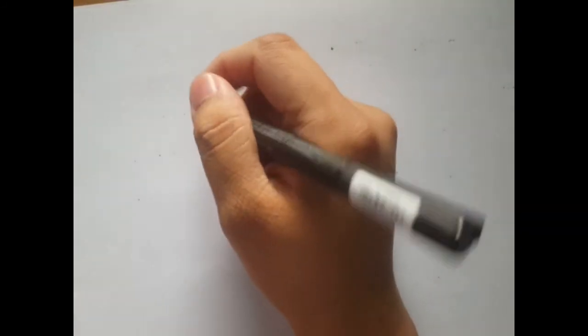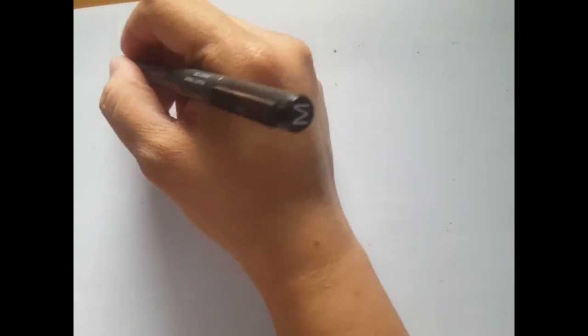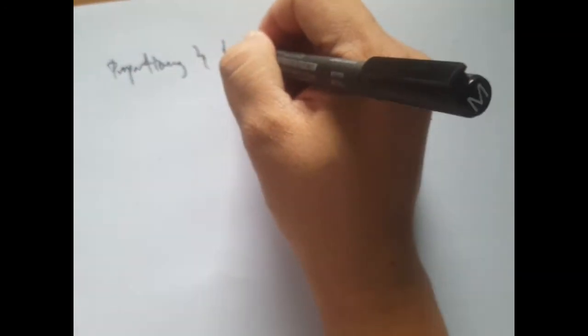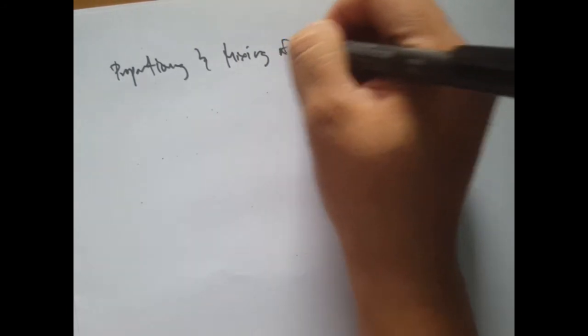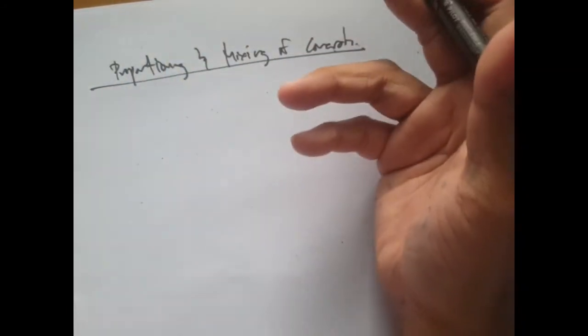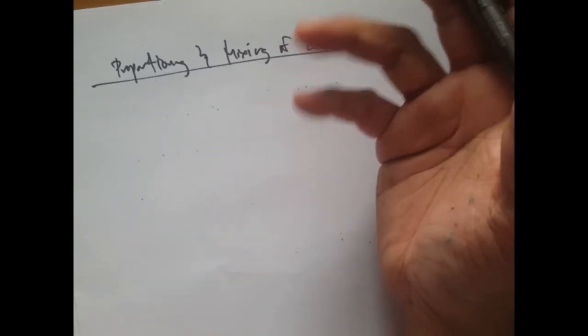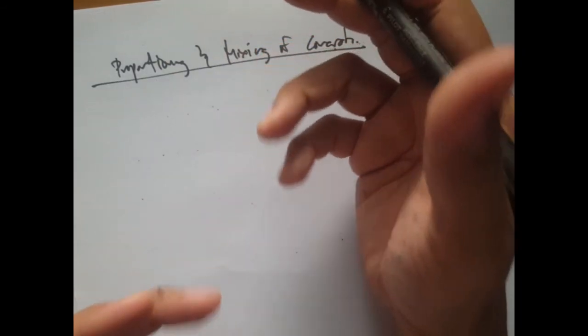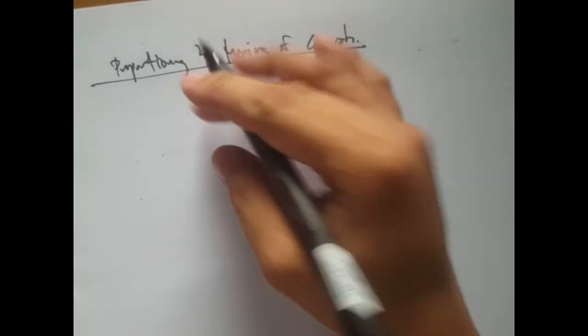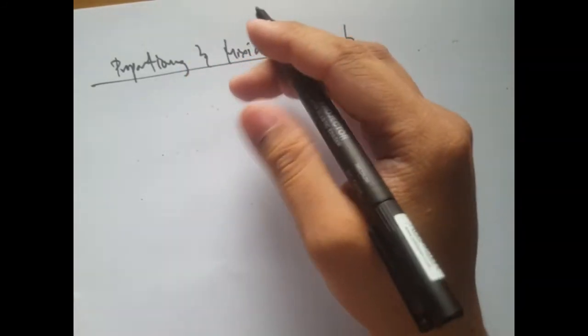Okay, next we'll go to the proportioning and mixing of concrete. Since concrete is a mixture of several materials, the proportioning of these materials is going to affect the properties of the concrete.